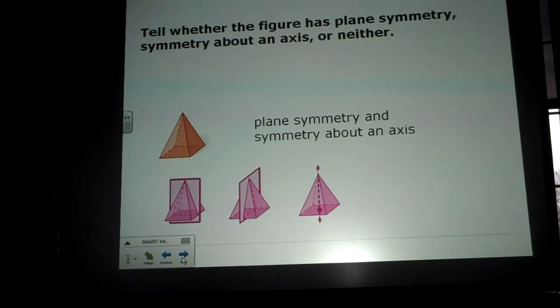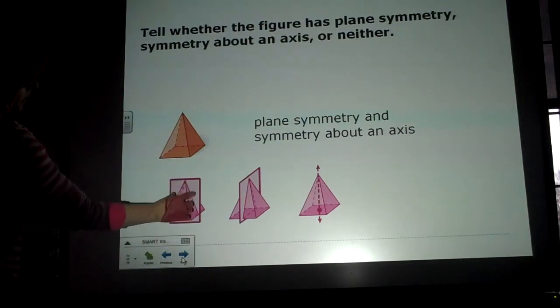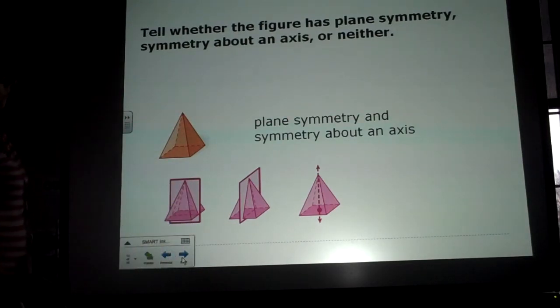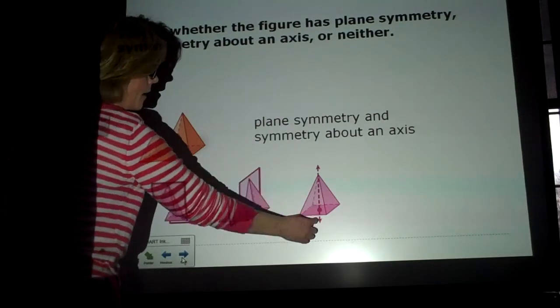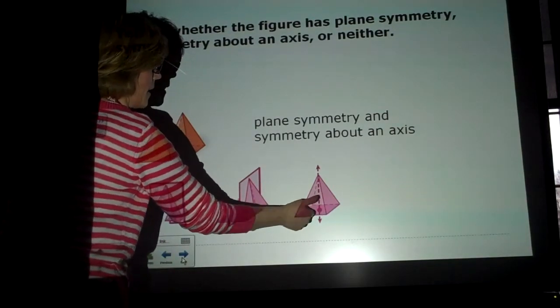Okay, it has plane symmetry because you can put this plane down the middle of this pyramid here. And it also has symmetry about an axis, this dotted line. If it was stationary, you could rotate it around and have symmetry.